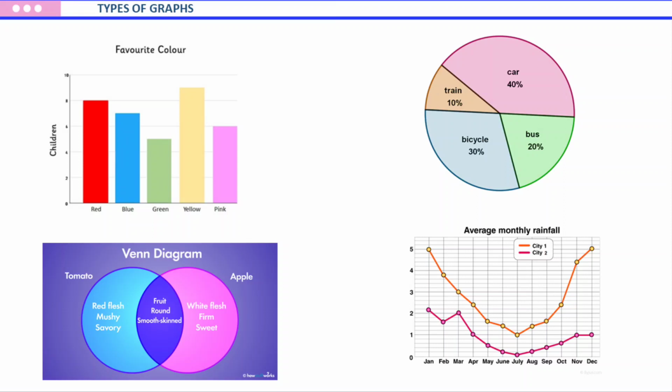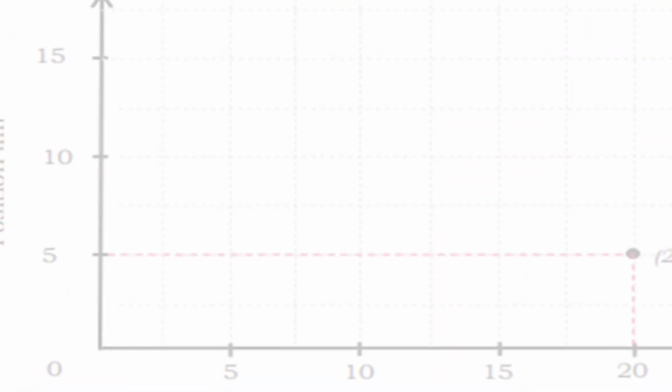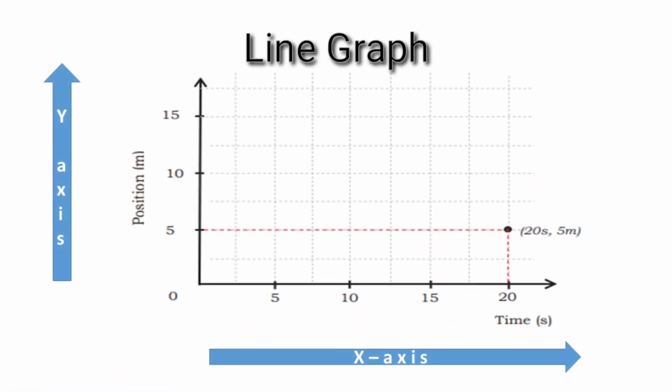Meron tayong different types of graphs. You have pie chart or pie graph, bar graph, Venn diagram, line graph, pictograph, at iba pa. Pero sa ating lesson today, we will use the line graph, that is a graphical display of data that continuously changes over a specific amount or period of time.